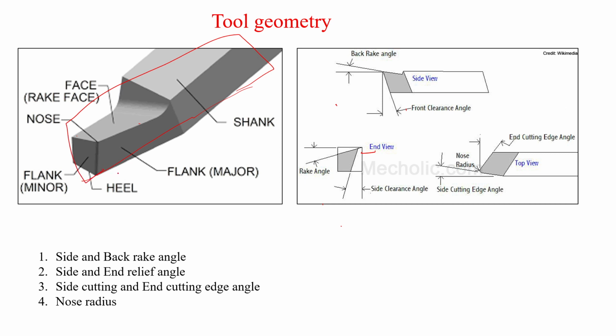I am representing the reference plane by pi r. The cutting velocity VC is always perpendicular to the reference plane. That is, the reference plane is that plane in which the tool rests, and the cutting velocity is perpendicular to it.